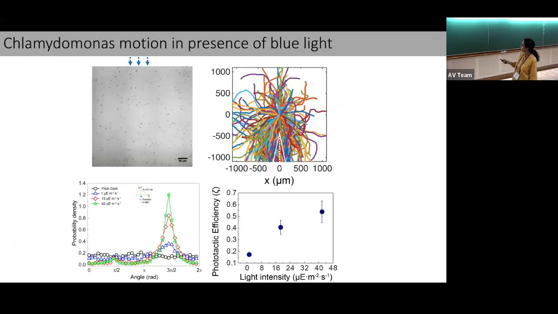Essentially, what you would do is draw a circle. We put the starting point of all the trajectories at 0, 0, and then we draw circles of various radii and ask what is the probability density of this trajectory space as a function of angle. So it will peak up where the light is, right? So that's all.